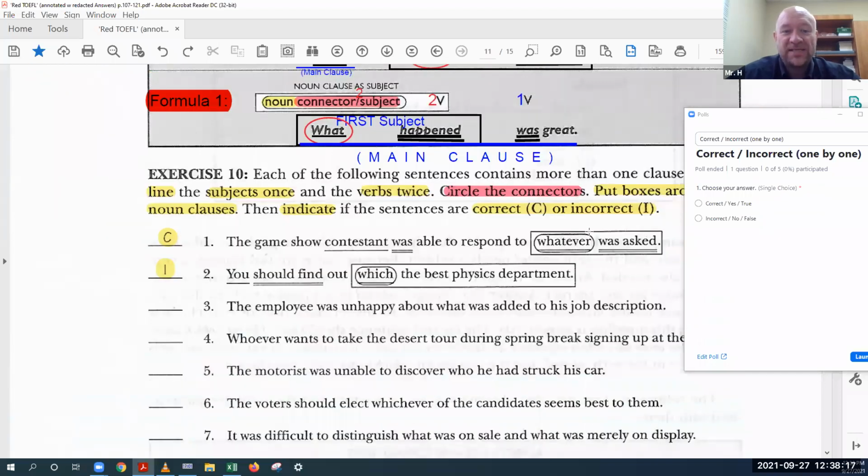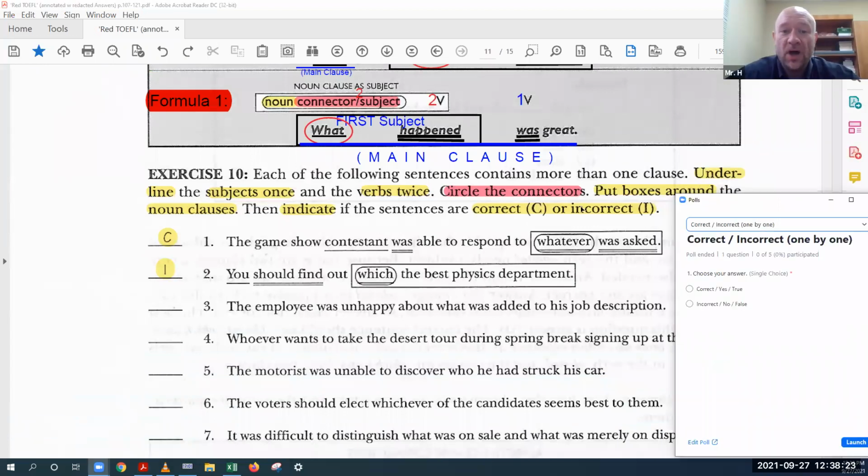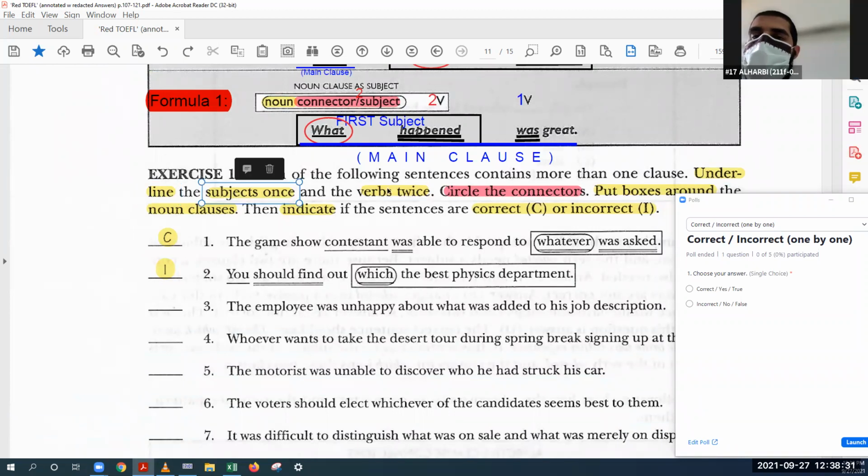Okay. Exercise 10. Osama, can you read? No sound? Al-Harbi, you go ahead. Underline subject once and verb twice. Circle connectors, but put boxes around noun clauses. And then?